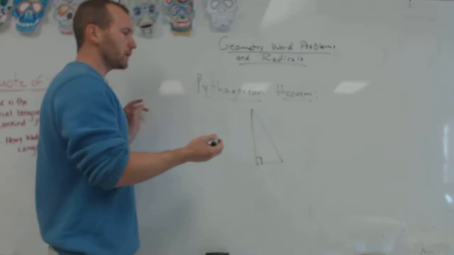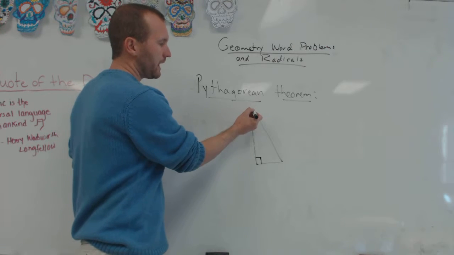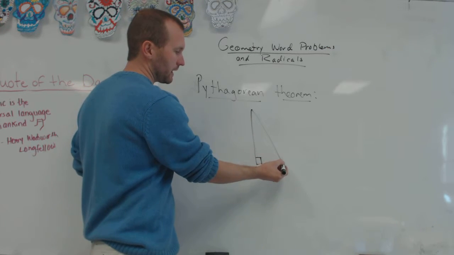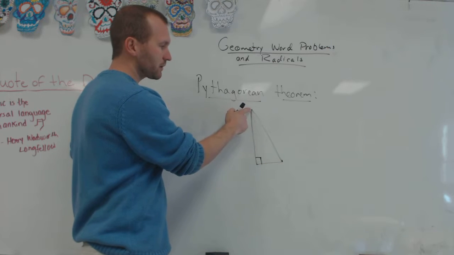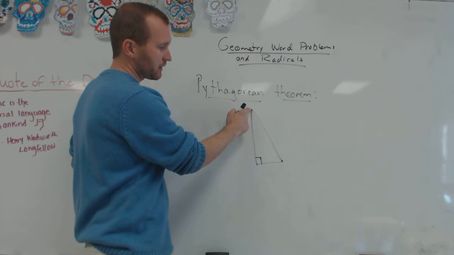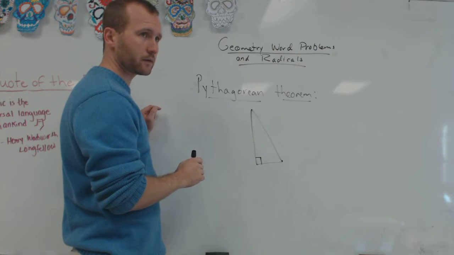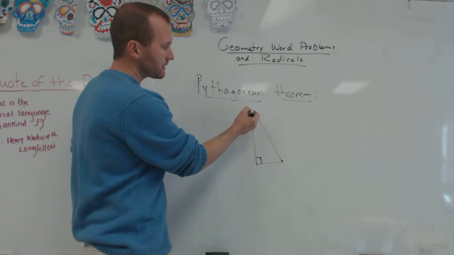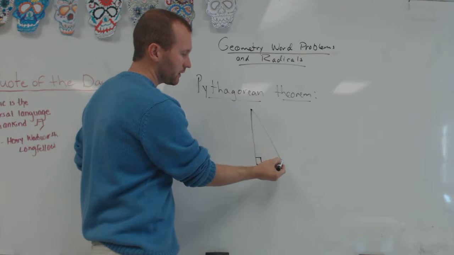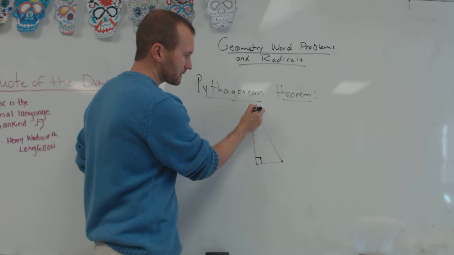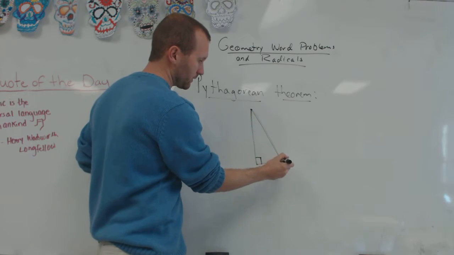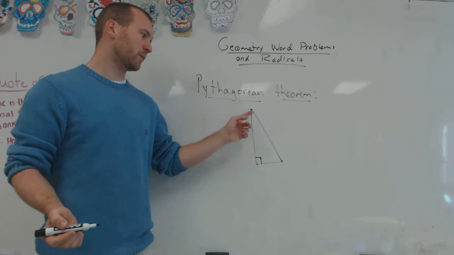The other thing to know, in a triangle, the hypotenuse, which is the longest side, is always the shortest distance between the 2 points that it connects. Okay? So the shortest distance between here and here is this side of this triangle. There's no shorter way to get from here to here.